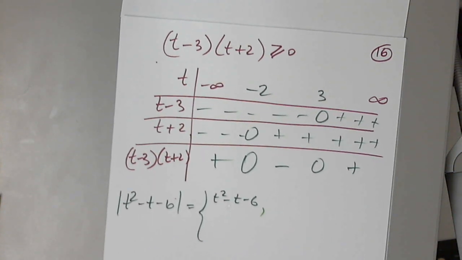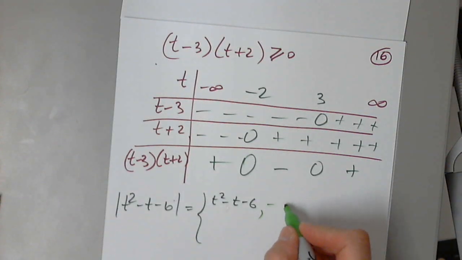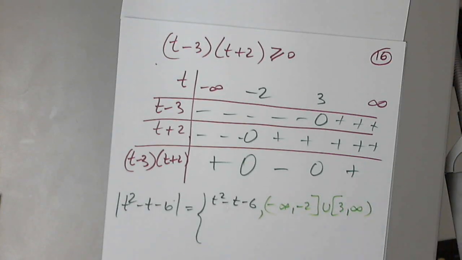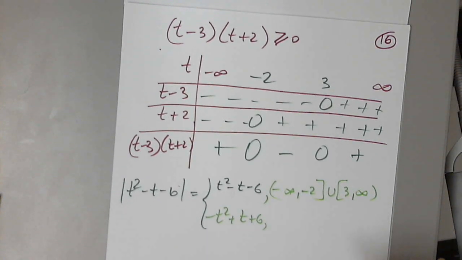Write it, but like the union. Yes, negative infinity, negative 2, union 3 to infinity, very good. Or negative t squared plus t plus 6 for t where? Yes, with parentheses. Because I used brackets in the first one, I can no longer use brackets in the second.